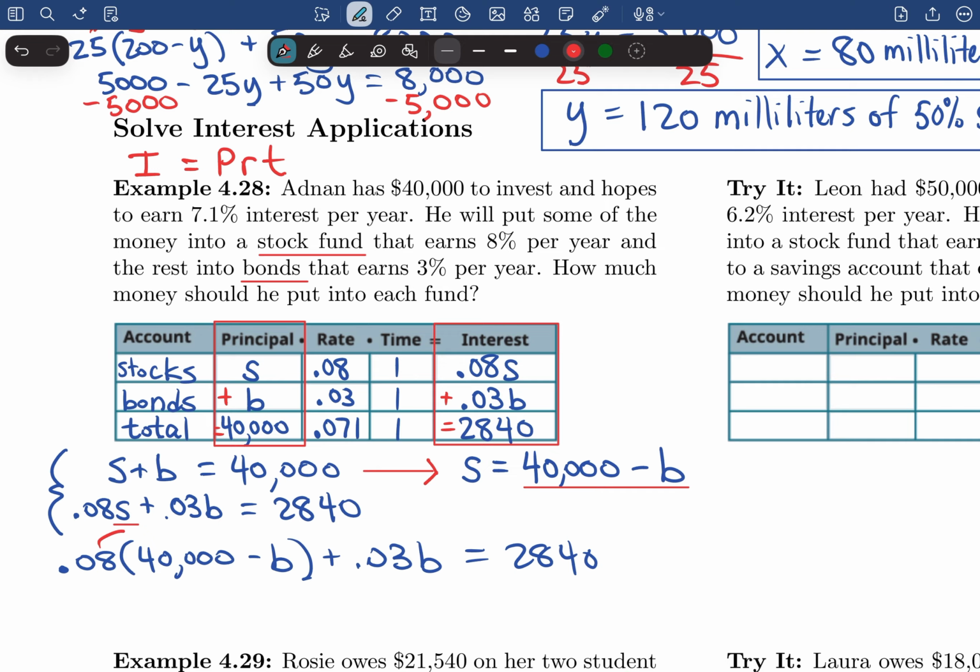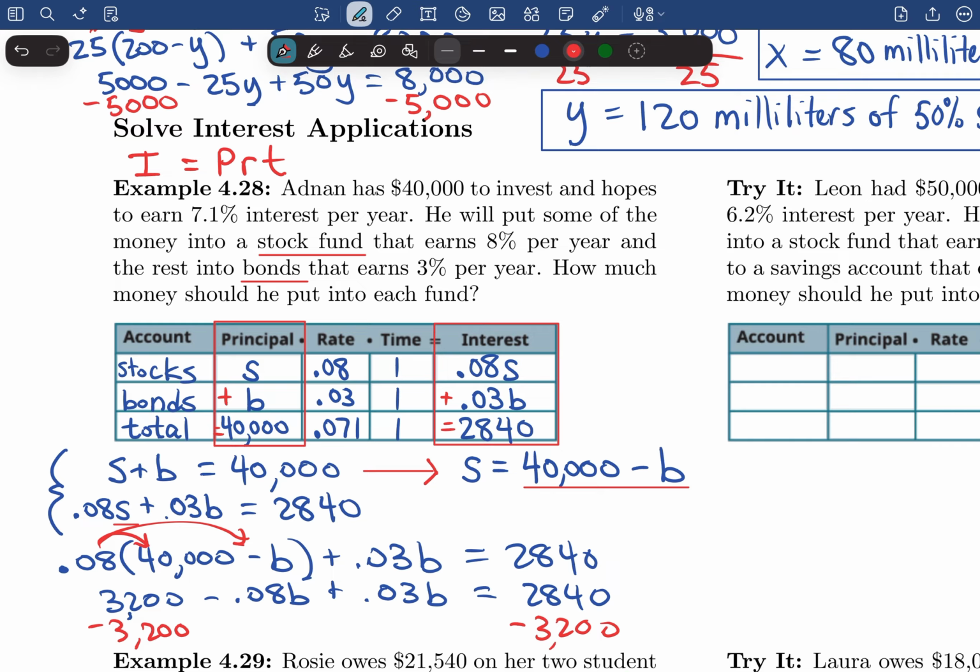Here I go. So distribute, and I end up with 0.08 times 40,000, 3,200. Great. Minus 0.08 times B plus 0.03 times B equals 2,840. I'm going to subtract 3,200, that constant, so that it's with the other constant on the other side of the equation.